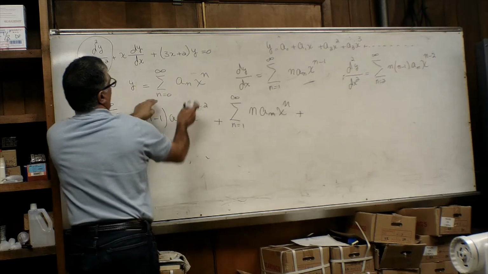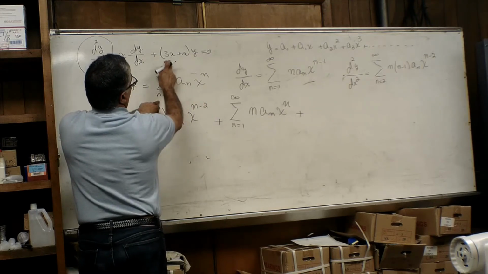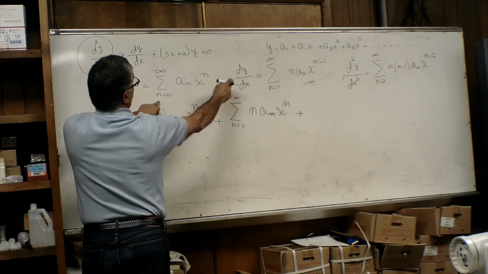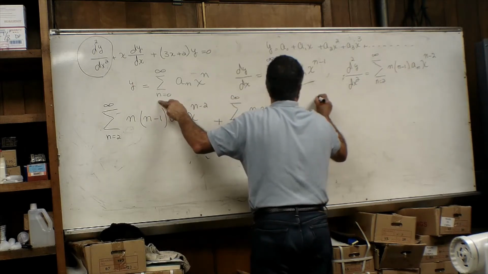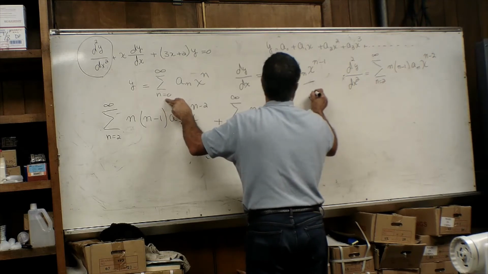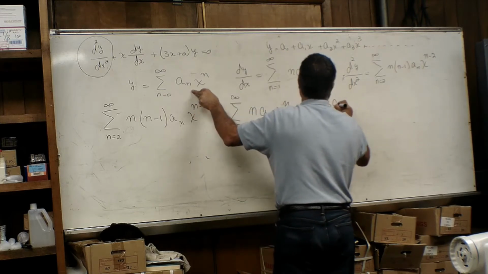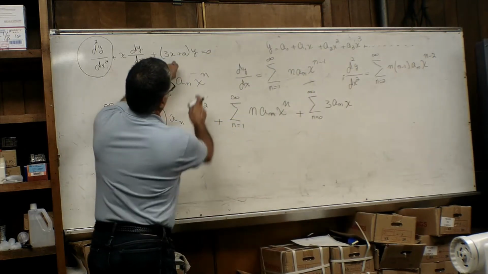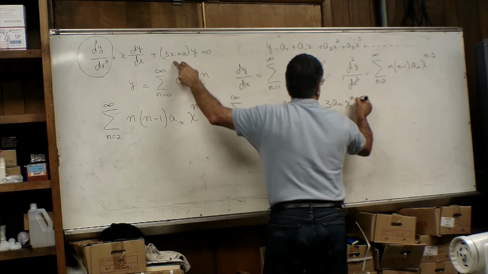This is our value for the y. 3x multiplied by y, we are going to have x multiplied by x to the power n is x to the power n plus 1, so we are going to have summation from n equal to 0 to infinity of 3 a n x to the power n plus 1.